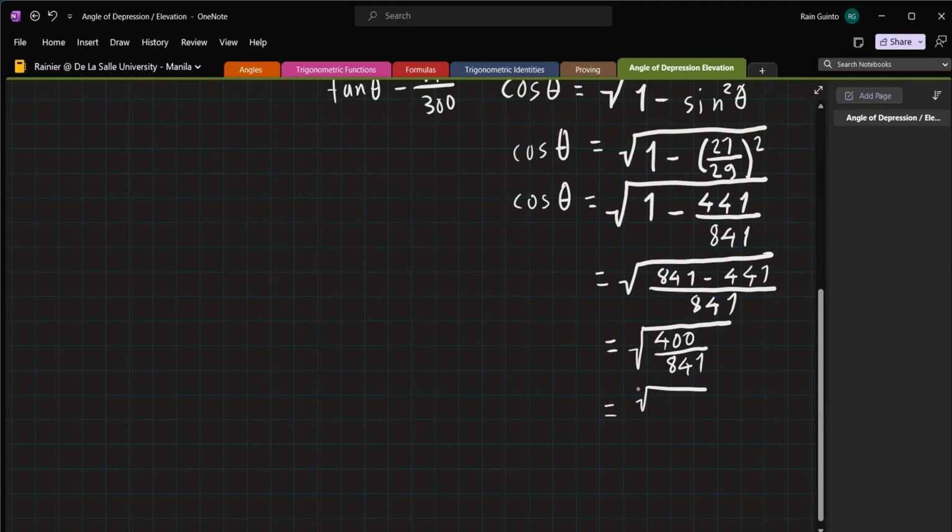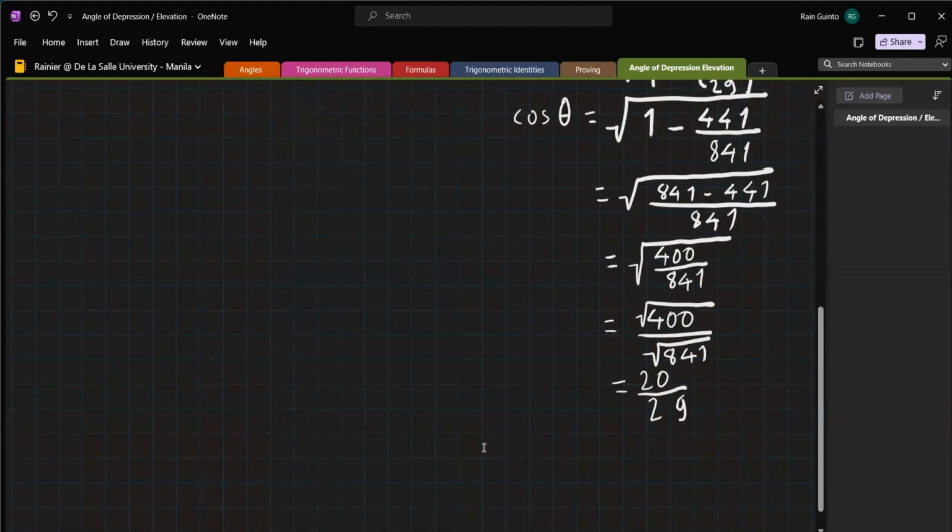And notice that both of them are actually perfect squares, so we could further simplify it. The square root of 400 is equal to 20, and as we've said, 841 is the square of 29. So that would mean that cosine theta is equal to 20 over 29.